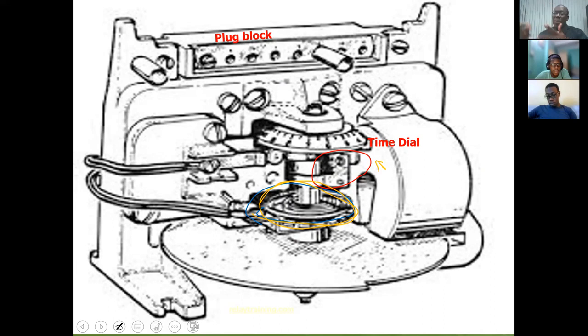So 0.5 represents the smallest gap between the movable contact and the fixed contact, which is why it represents the fastest operation for your relay. With that gap as small as it is, when you move the disk, you'll close the circuit very quickly. Any questions?